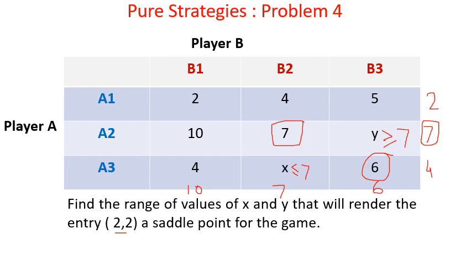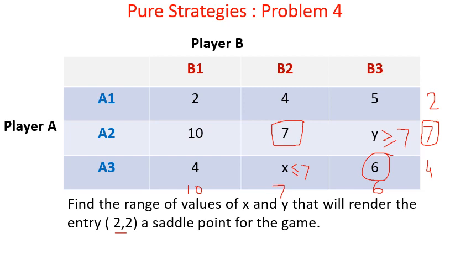But something greater than or less than, as the case may be, examining the rows and the columns, we can now look at other values also, because there is a possibility that x may assume a number which is less than 7. If x assumes a number less than 7, nothing will happen. The same 7 will come as the column maxima. In that case, B2's column maxima will still be 7 only, because x is less than 7. Similarly, y, if it is greater than 7, A2's row minima will still be 7 only. I hope there is no doubt here. I think it's very clear now.